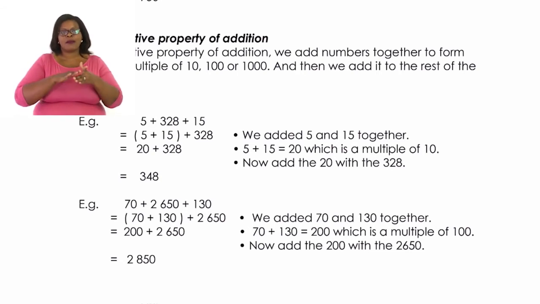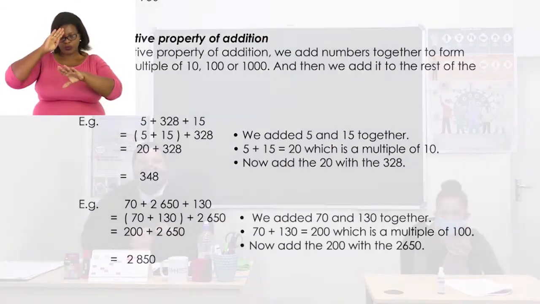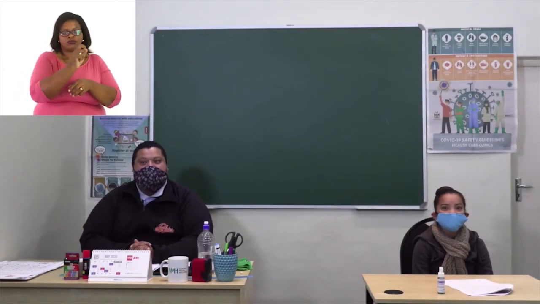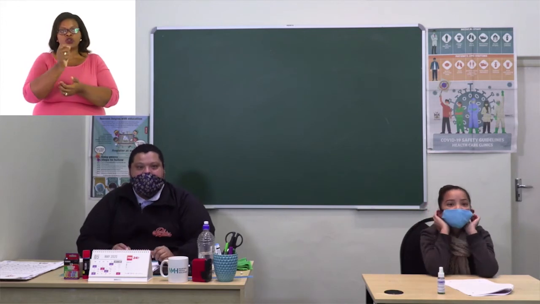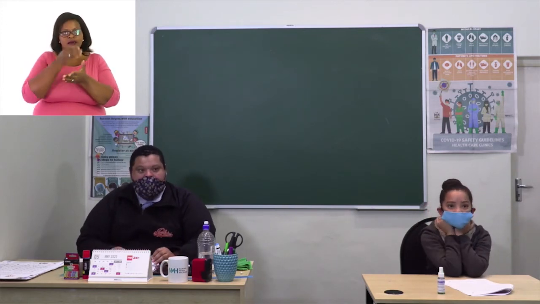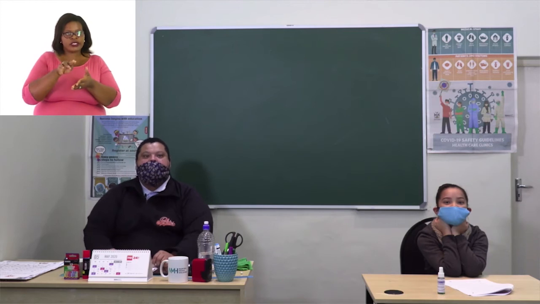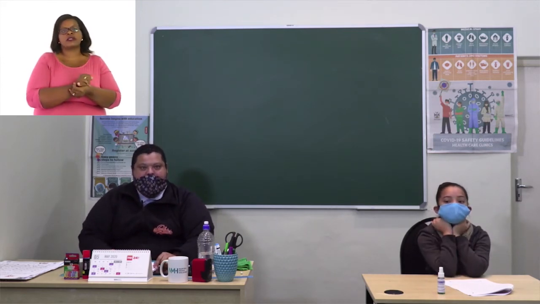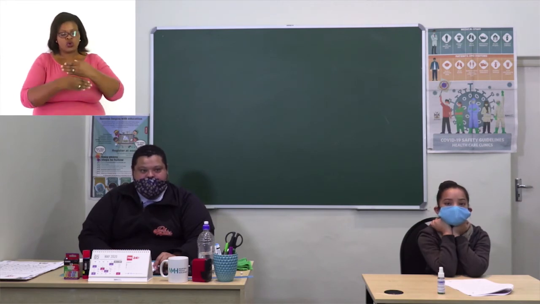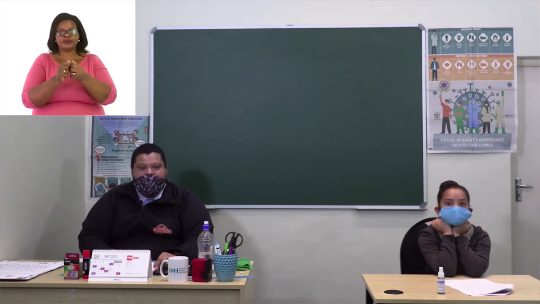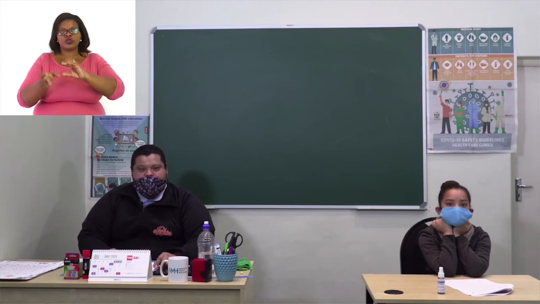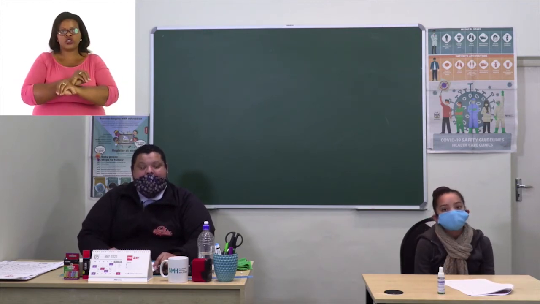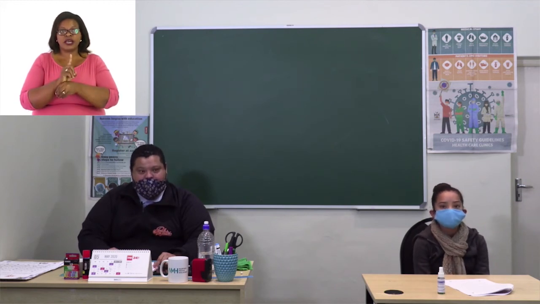Now let's recap before we continue. Going back to pen and paper mode, remember pen and paper mode is where we write our numbers neatly underneath each other, units under units, tens under tens, hundreds under hundreds, thousands under thousands, and then we add it together. Then we have commutative property. In commutative property, we first switch the order of the numbers, and then we add it together.